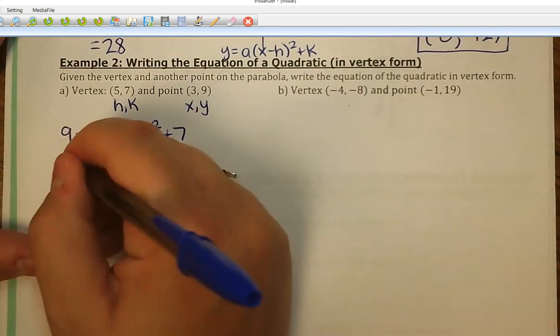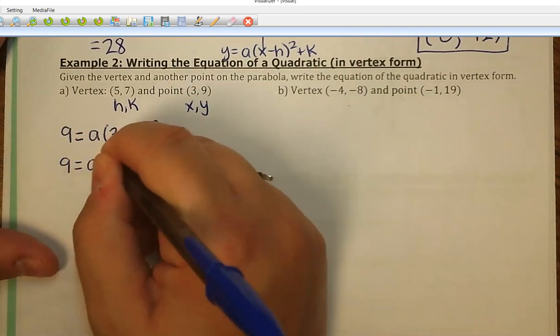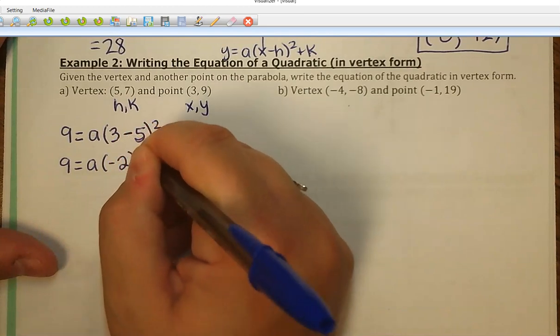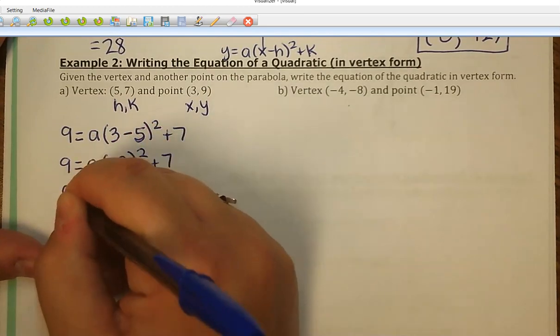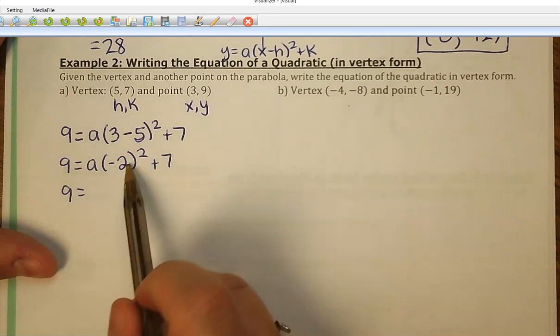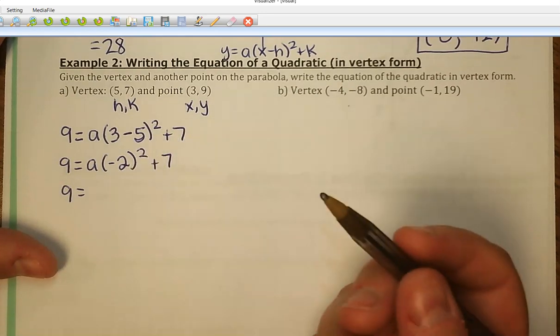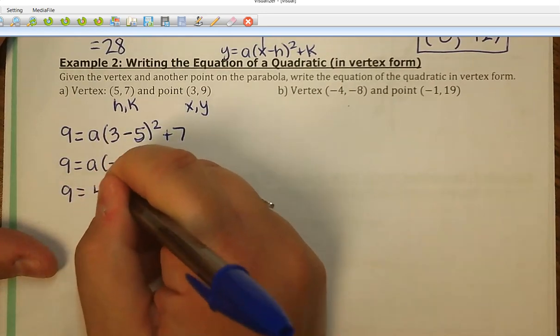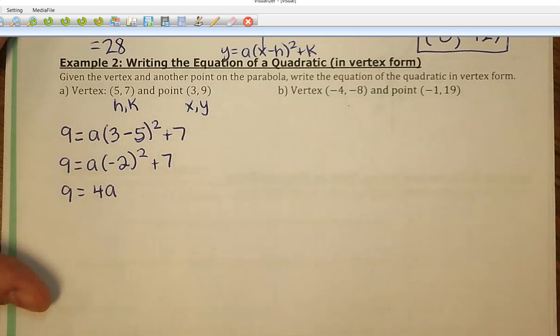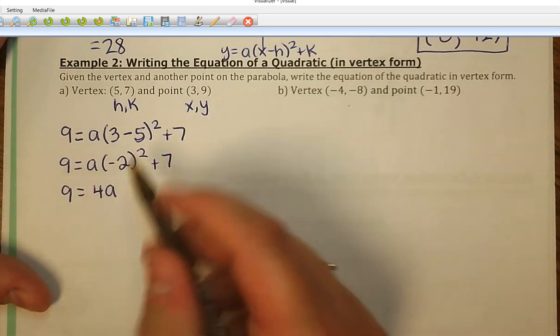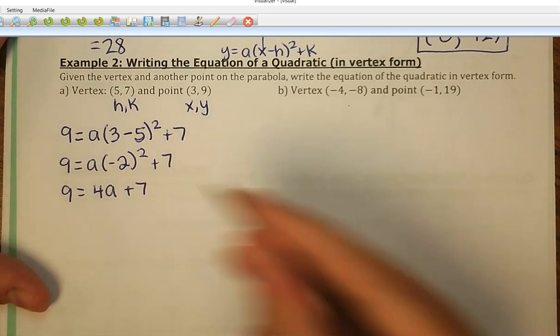Now we are going to simplify this. This is a times negative 2 squared plus 7. Here's what I'm going to do. If you square negative 2, you get 4, but I'm going to write that in front of the a value. So this term is going to turn into 4 times a, and then we're just going to solve this equation.